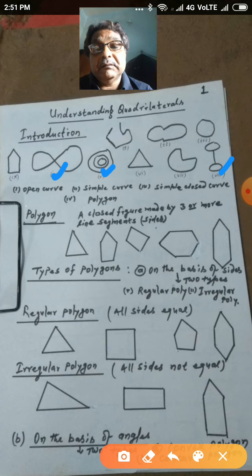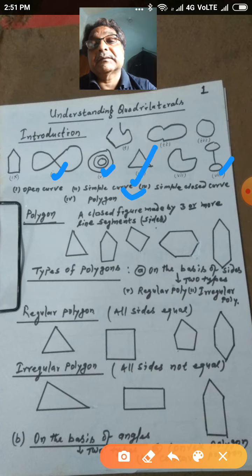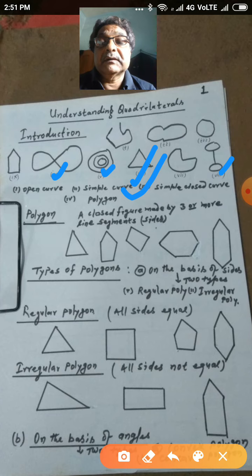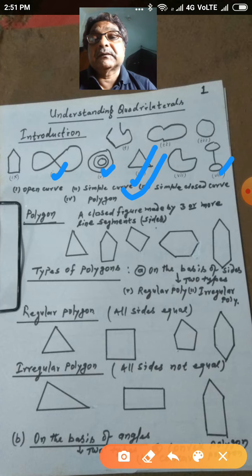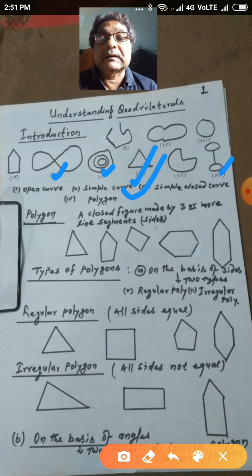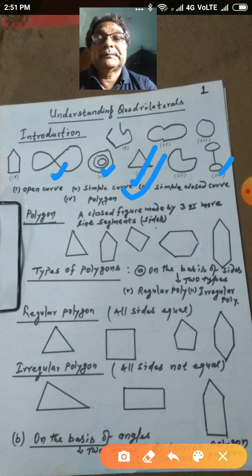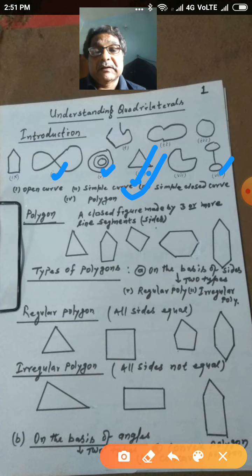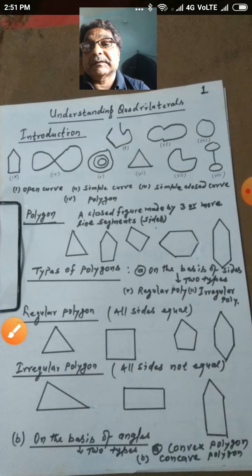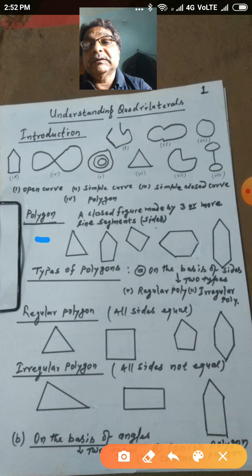Now mainly we will focus on this type of figure. This figure is first a closed figure, and second it is made by line segments, or you can say it is made by sides. So we will consider such figures, which are actually known as polygons.